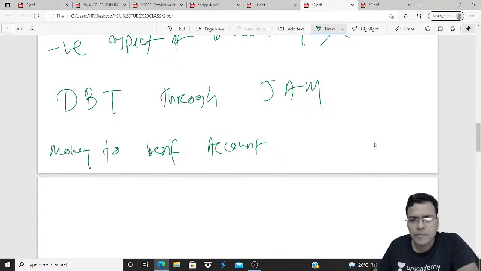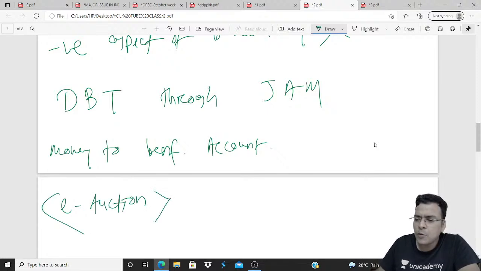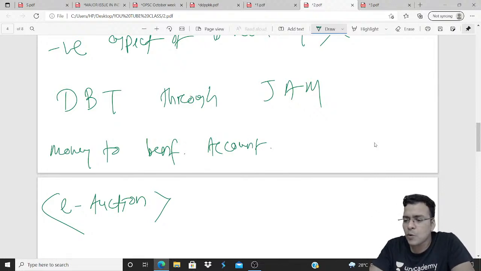DBT, JAM, and everything is like e-auction recently. Whenever there is an e added, e-auction, e-mandi, whenever you go to an office and it is online, when everything is transferred to an online mode, definitely transparency increases, secrecy decreases, and when transparency increases, corruption decreases, and automatically organizational efficiency increases.